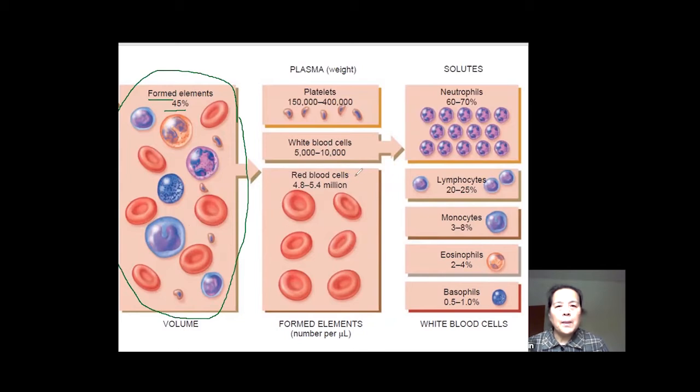The first big group, yeah, you can compare the number here. You are not necessary to remember the number, but you can compare the number here. First big group is red blood cell. Then the second group is the platelet. So you still compare the number there.